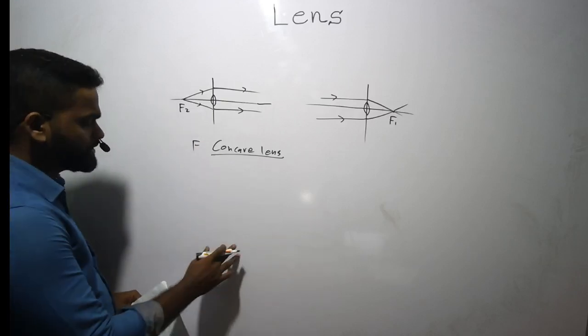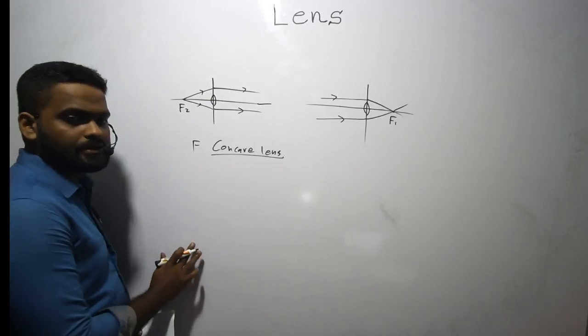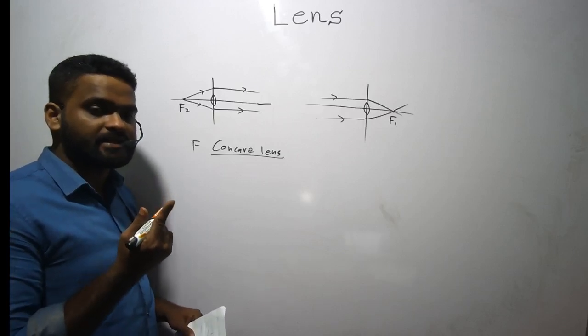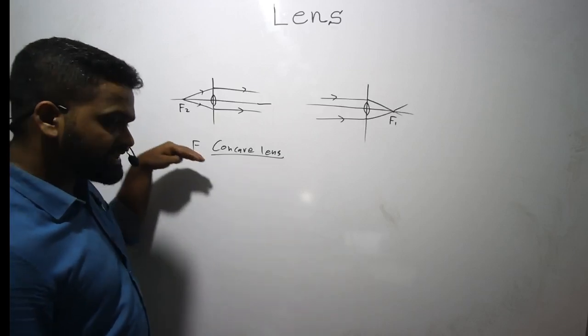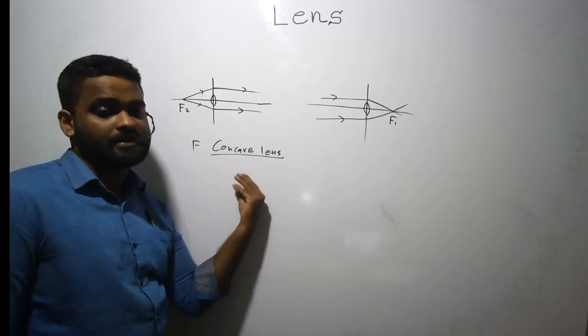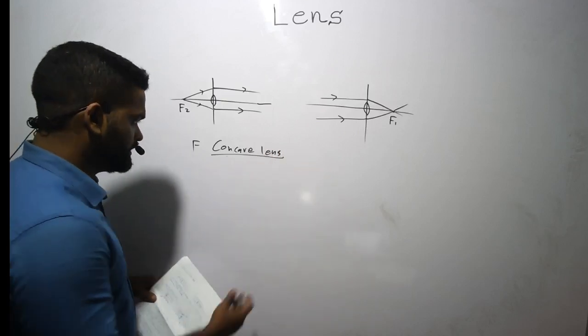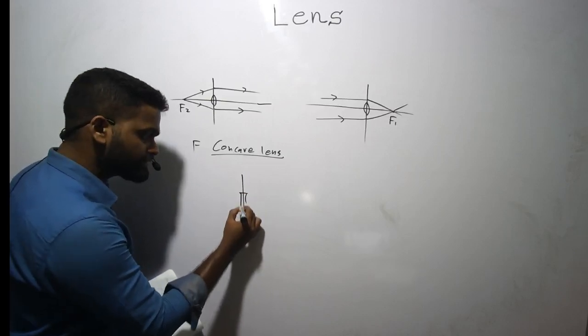Okay. So how do we identify the secondary focus? What's the requirement? To identify the secondary focus, you have to send the rays so that after the refraction, those rays become parallel. That is the only way to identify the secondary focus.